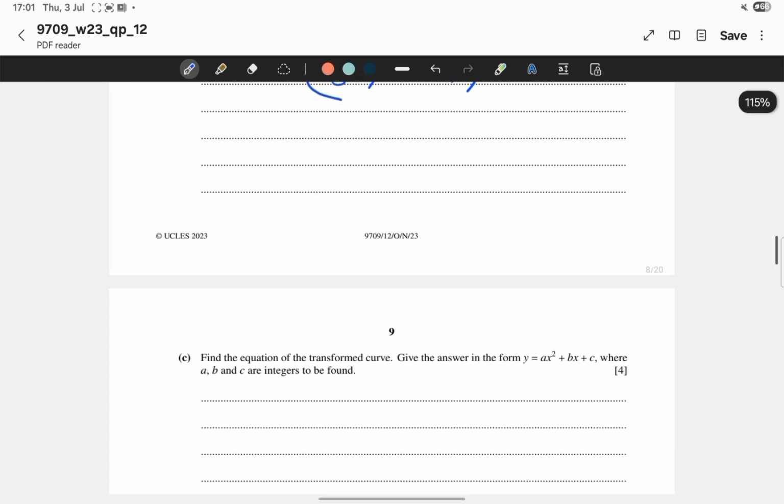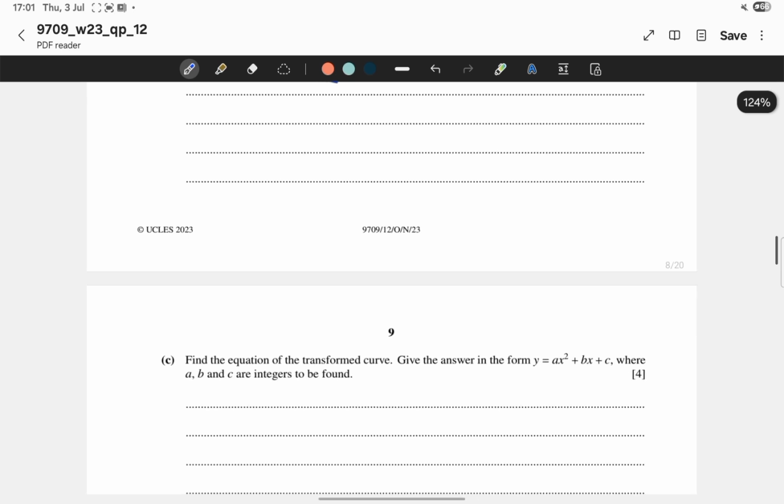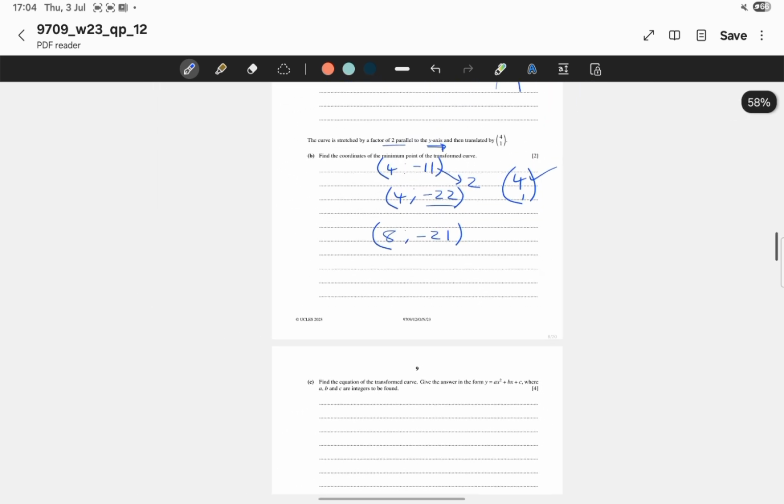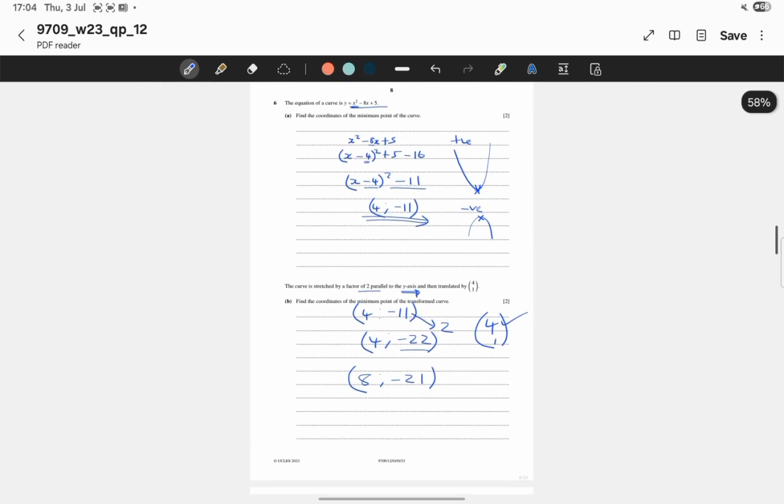Then part C says, find the equation of the transformed curve. Give the answer in the form y equals ax squared plus bx plus c, where a, b, and c are integers to be found. So for this one, I'm going to try and write it in completed square form. Remember how we got this from the completed square form?